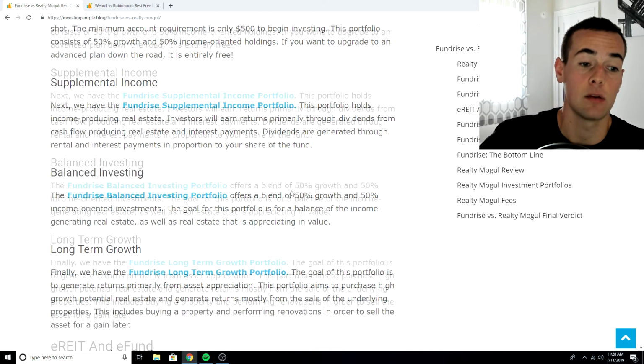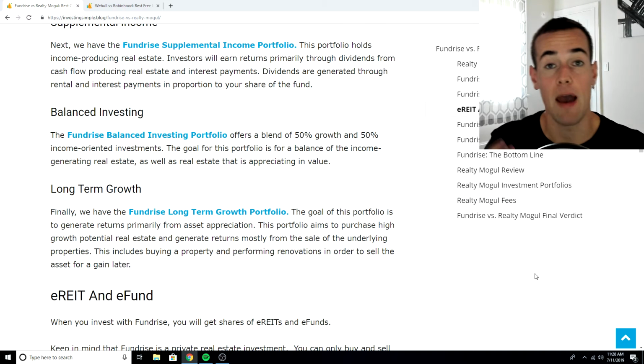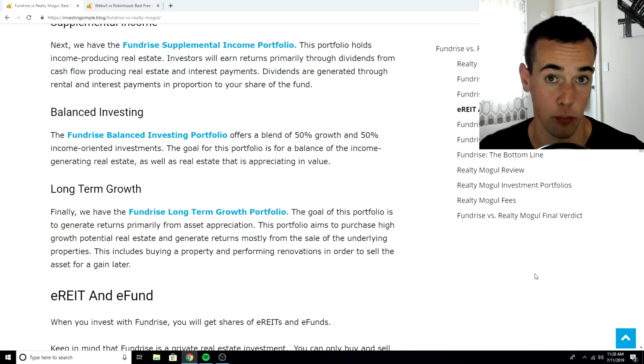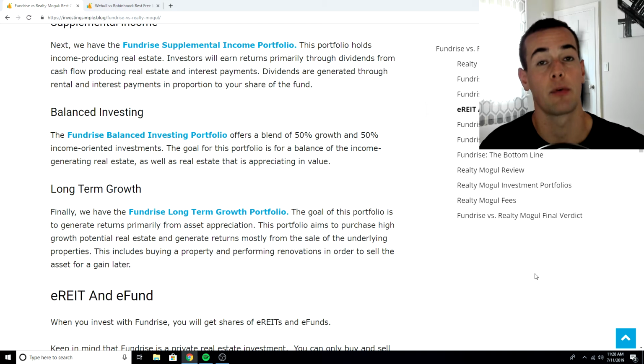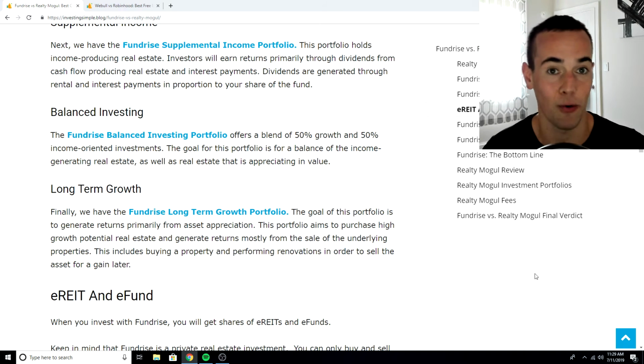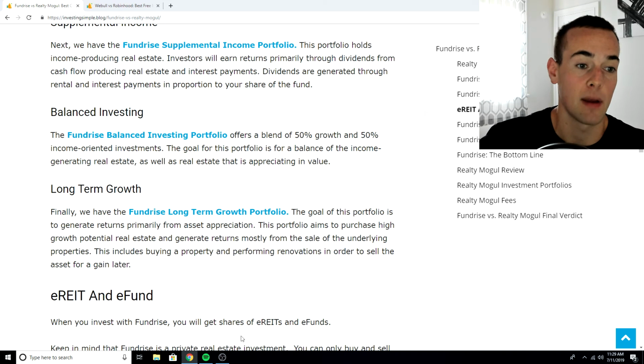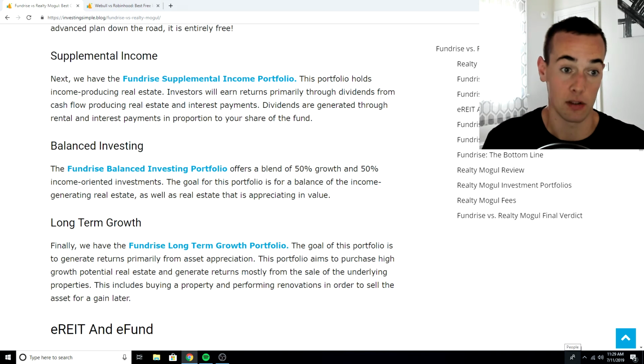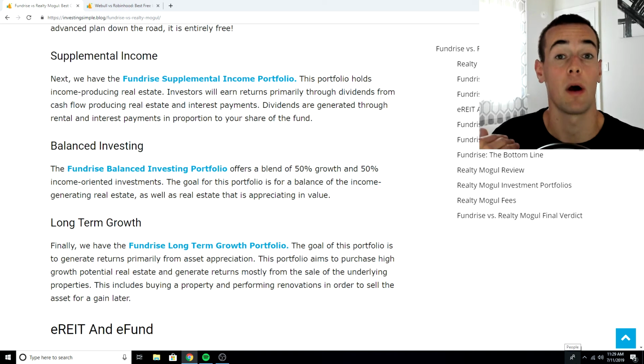And then finally, the long-term growth plan is primarily focused on asset appreciation with less of a priority on income from dividends. So if you're a high growth investor, the growth portfolio is more towards what you're looking for. If you like the consistent cash flow and dividends, the supplemental income portfolio is definitely going to be something you're going to want to look at.